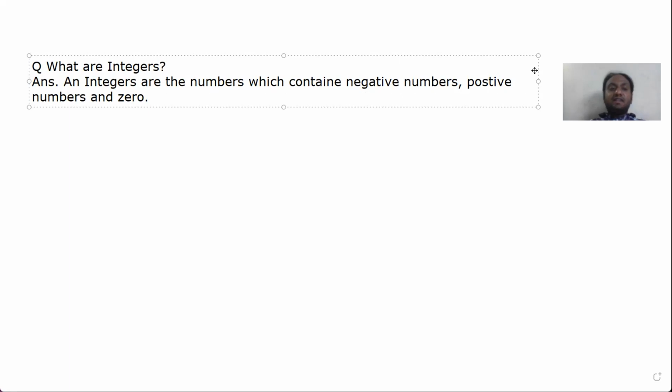So we can say that integers are the numbers which contain negative numbers, positive numbers, and 0.